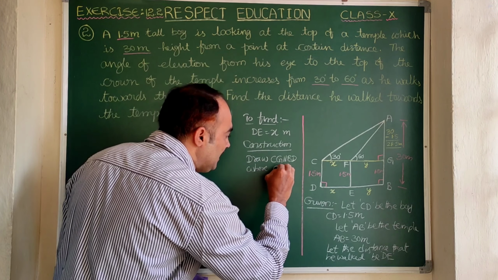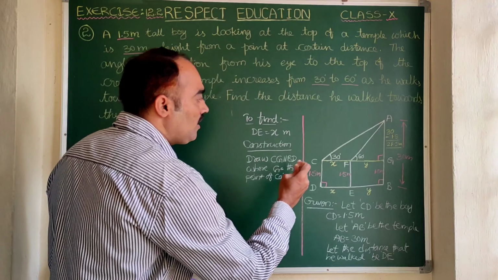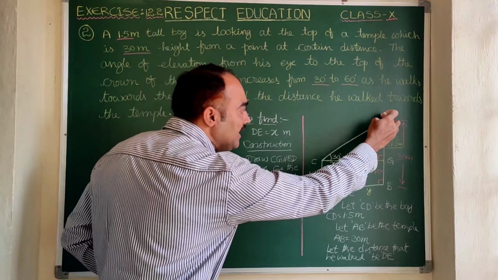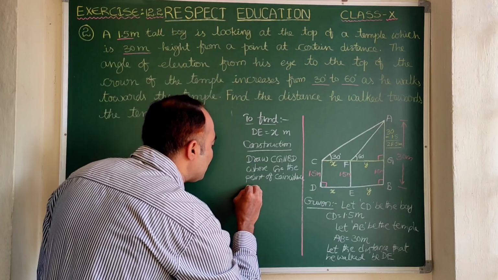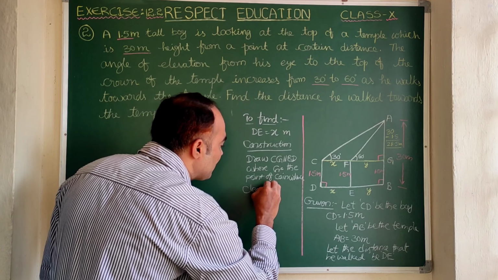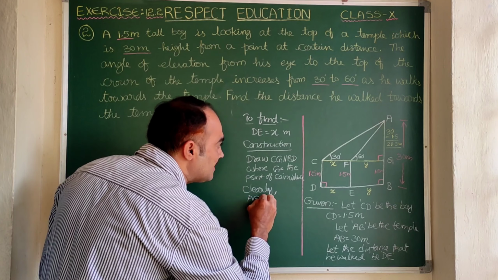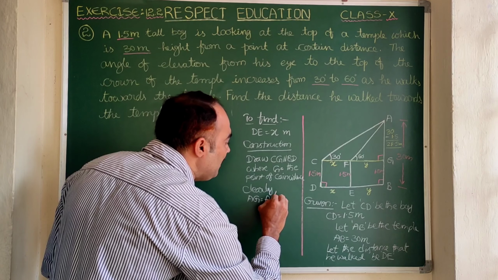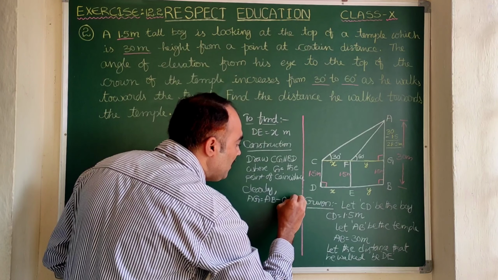Now, without wasting much time, let us mention all the values here. What values are required? AG is required and GF is required. Again, for the second triangle, AG is required and GC is also required. Let us write AG, which is nothing but AB minus GB.